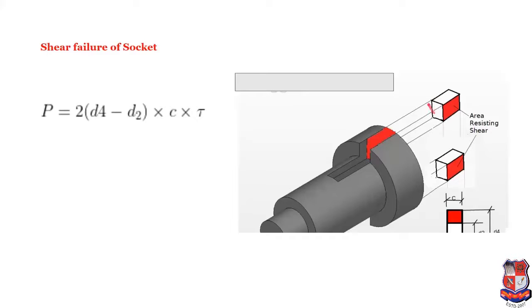So finally we got the total area is 2 into D4 minus D2 into C. So P is equal to 2 into D4 minus D2 into C into tau. And in this case again we have to check whether the value of tau is within the permissible limit or not.